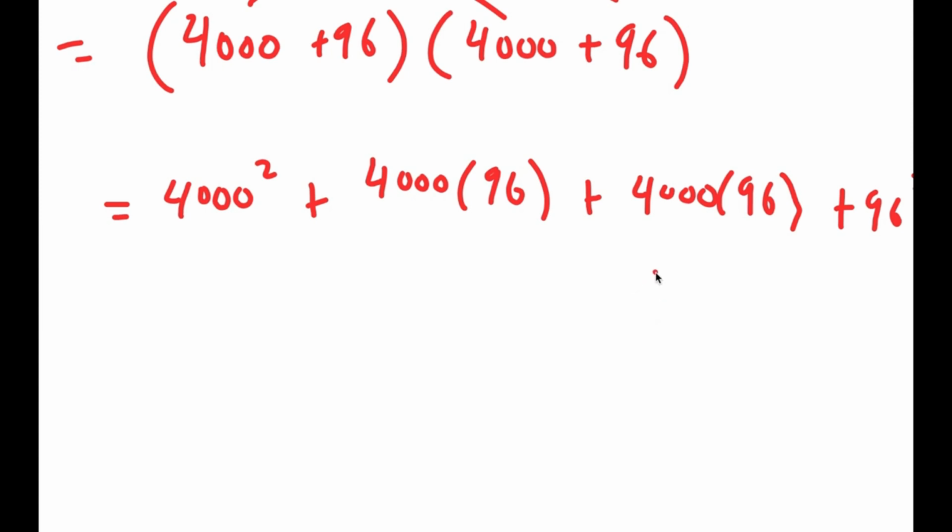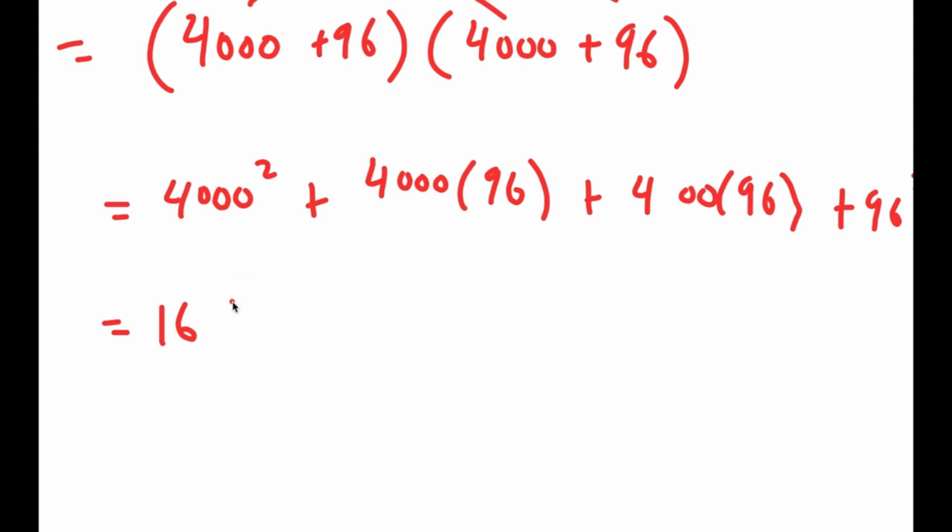Now, from here, 4,000 squared is simple because all we have to do is 4 squared, which is 16, and then 1,000 squared, which is a million.